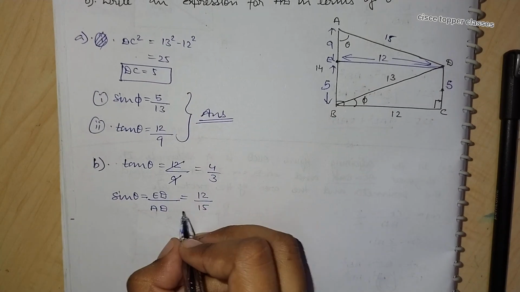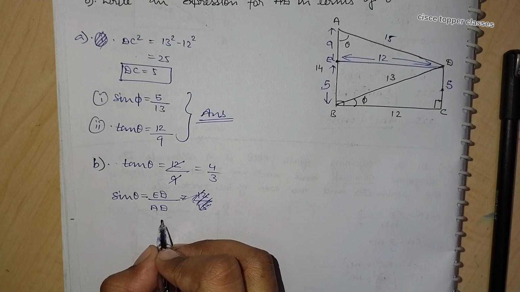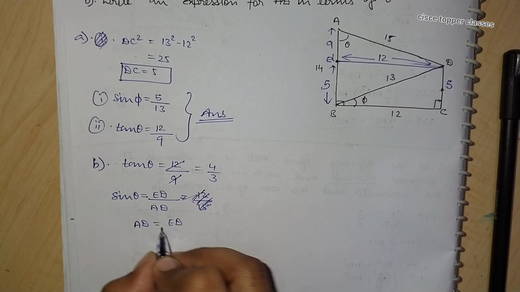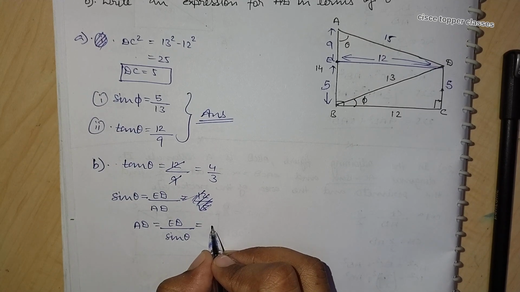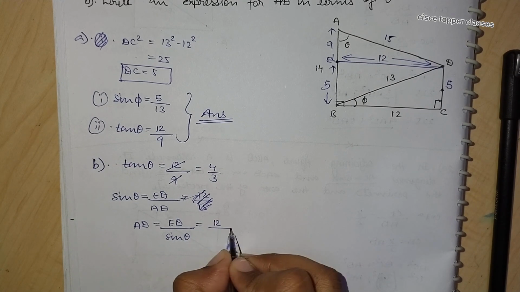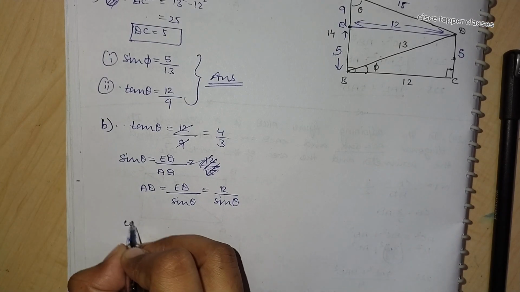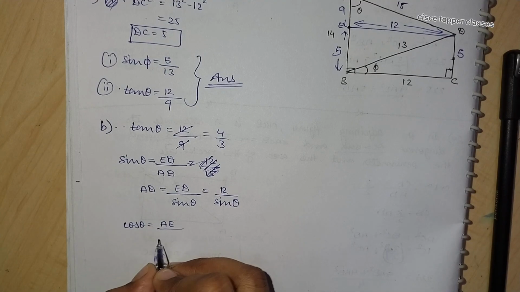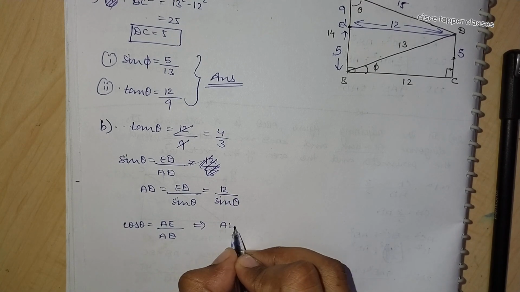We have to find AD in terms of theta. So AD will be ED divided by sine theta. We know ED is 12. So this will be 12 by sine theta. And if we want to find in terms of cos, so cos theta we can write base by hypotenuse. So this will be AE divided by AD. So again we can write AD from that value.